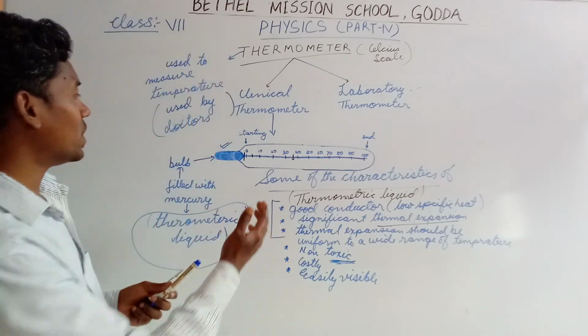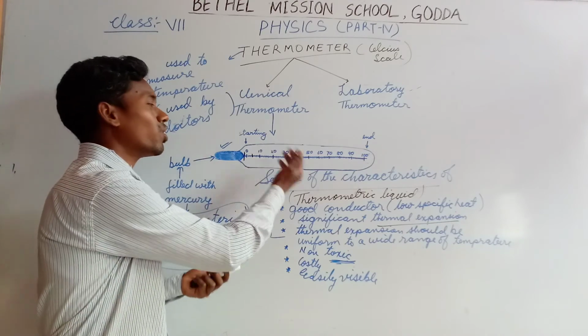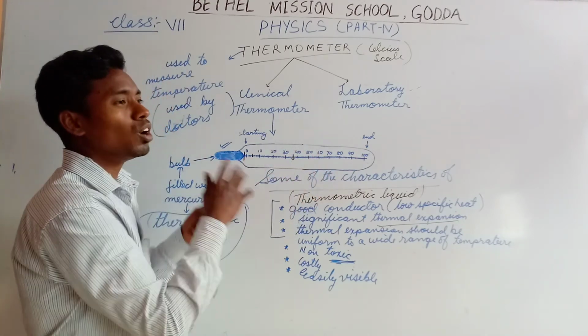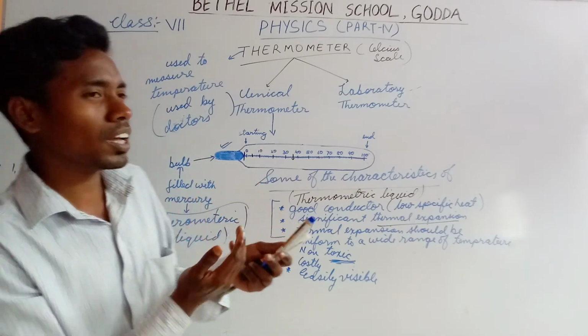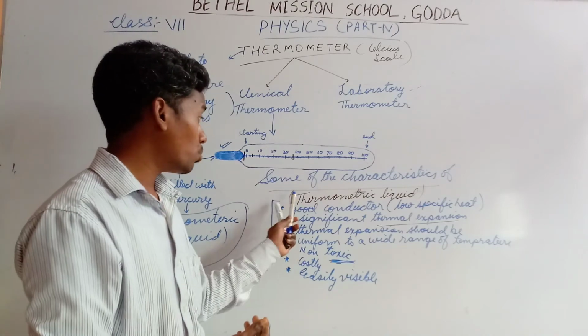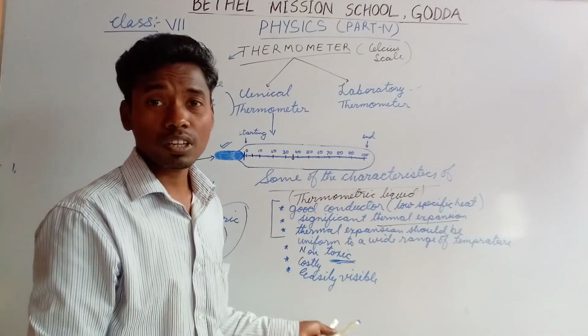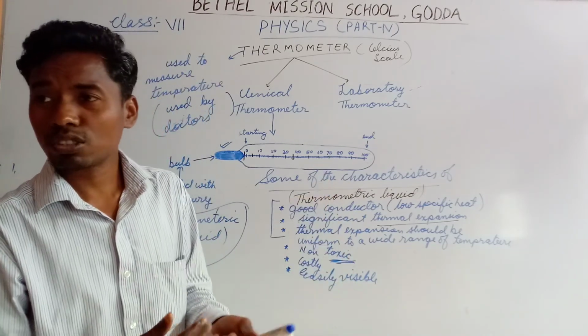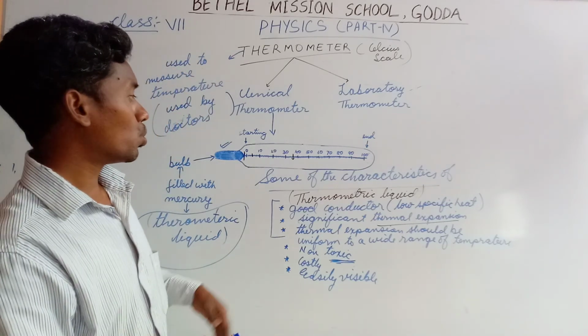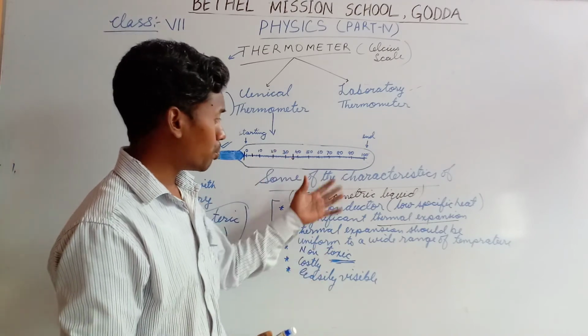We won't know up to what range of temperature it is moving. If it comes up to 40, up to 60 also, we won't be able to see it, because it is a transparent liquid. So this thermometric liquid should also be easily visible. That is also a very important characteristic. Okay, so these were some very important things.